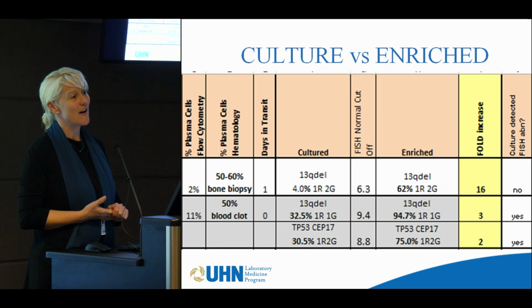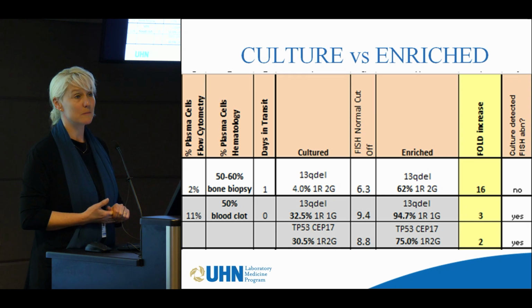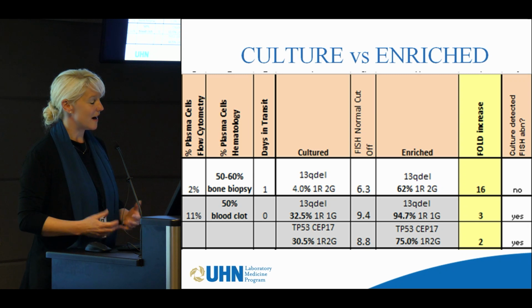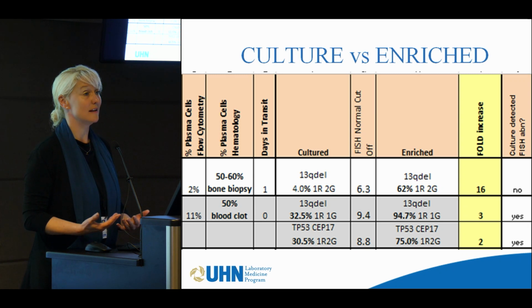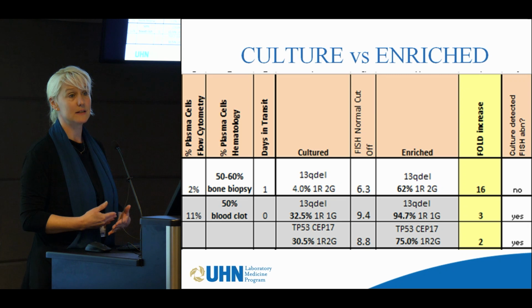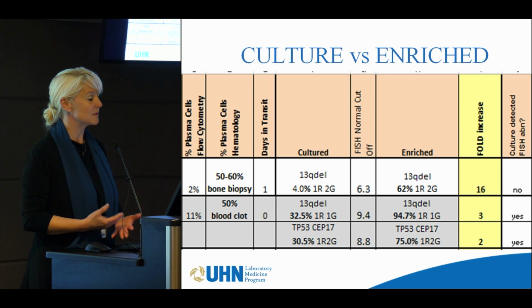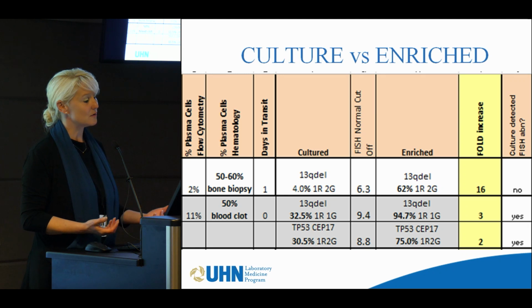And then when I did the testing on that sample, I found 62% of the cells had a deletion versus only 4% in our cultured sample. Now you wonder, how could this be? The hematopathologist reported 50 to 60% plasma cells within the bone biopsy. Flow cytometry saw 2%.